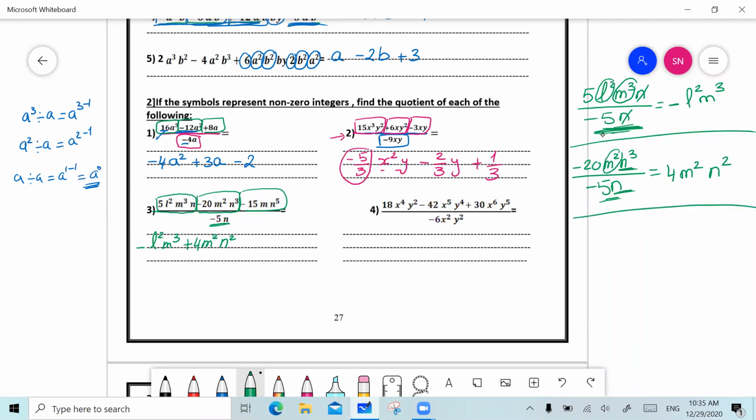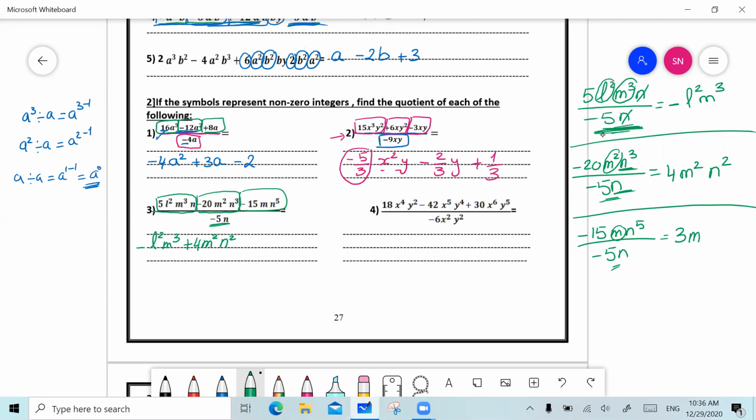The last term, I have -15, M, N to the power of 5, divided by -5N. Divide the coefficients first. -15 divided by -5, this is equal to 3. M divided by, I don't have M here, so it's going to be written as it is.